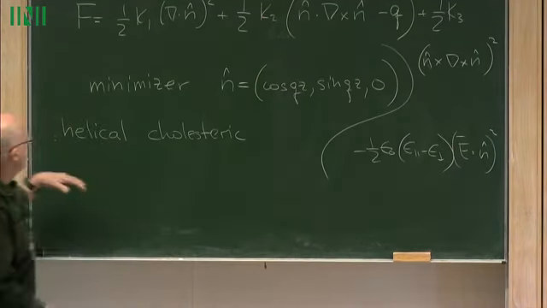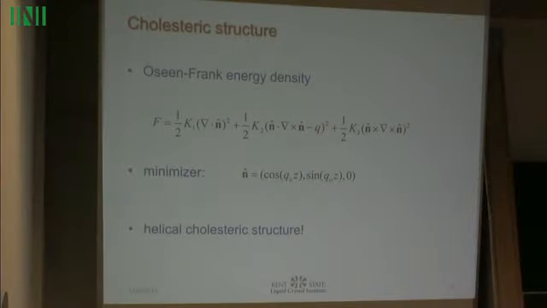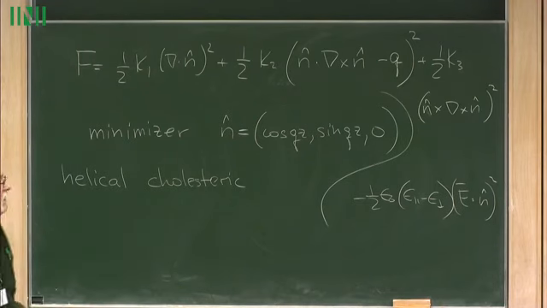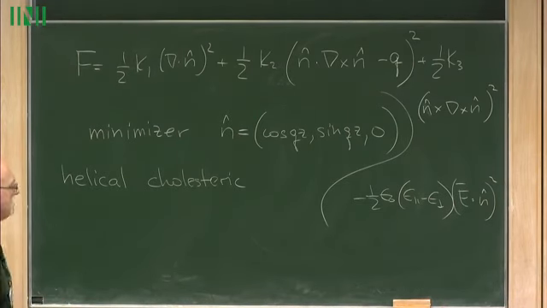So then we showed that this helical cholesteric structure gives rise to a band gap, and actually we only talked about the lowest band gap, but it has lots of potential uses, and so we'd like to be able to tune the band gap to be able to shift it around. And so the question then is how to do that, how to tune the structure.